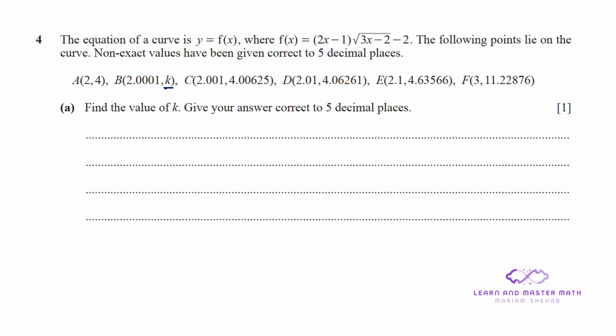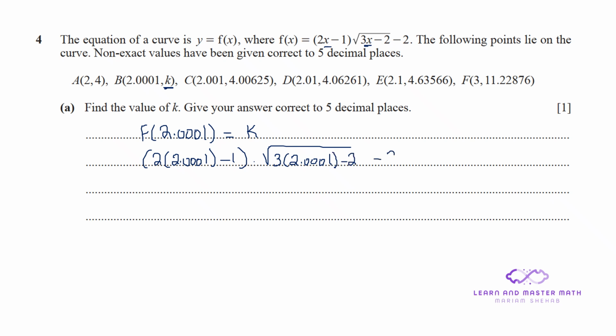So I'm going to use the x of B to find the value of k, which means f of 2.0001 is equal to k. Replace the x's in the function by 2.0001, and then you get 2 times 2.0001 minus 1 into radical 3 times 2.0001 minus 2, minus 2.